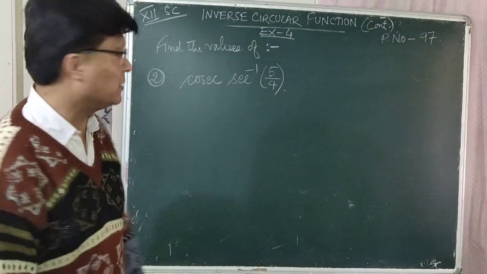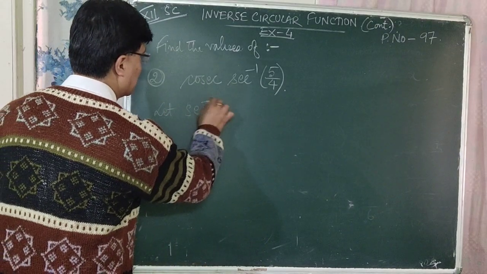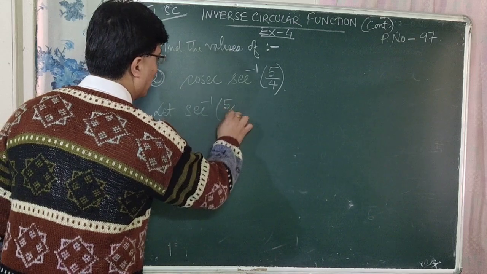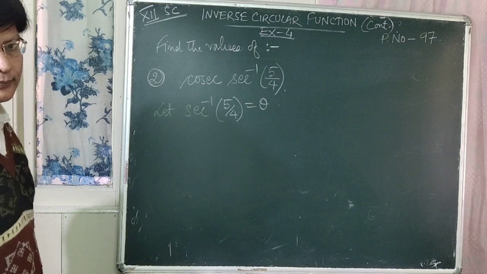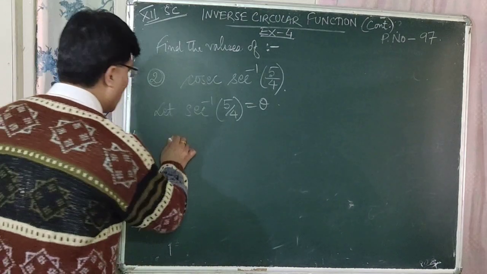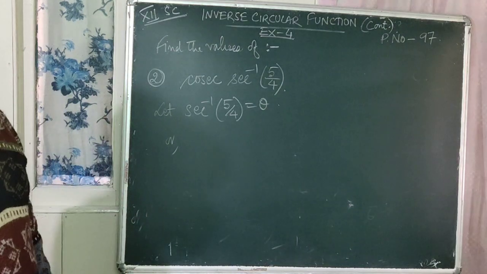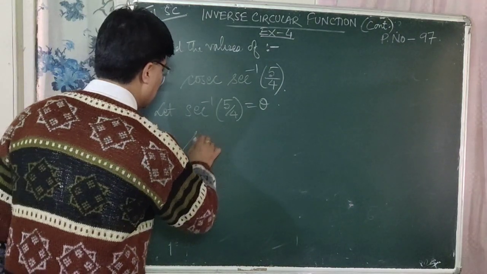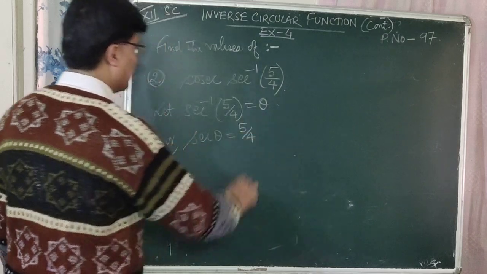Let us assume sec inverse 5 by 4 is equal to theta. Right? Now sec inverse, when it goes to the right hand side, becomes sec. That is, sec theta is equal to 5 by 4.